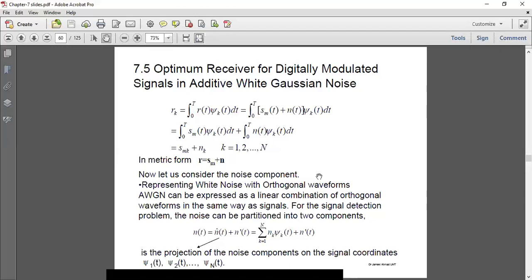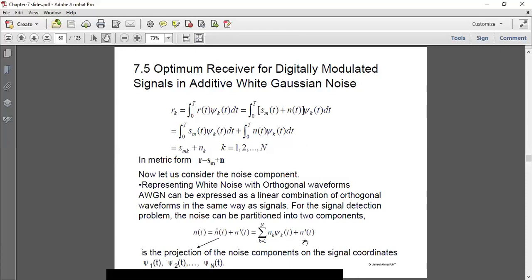Now let us consider the noise component, representing white noise with orthogonal waveforms. AWGN can be expressed as a linear combination of orthogonal waveforms in the same way as signals. So the noise signal can be represented as two components: one is n hat and the other one is n bar.